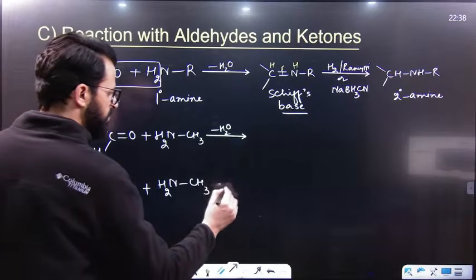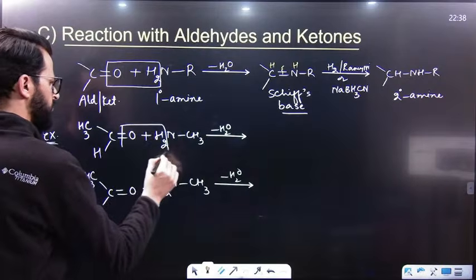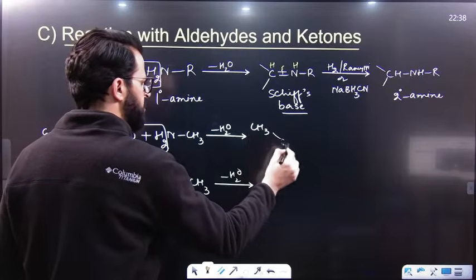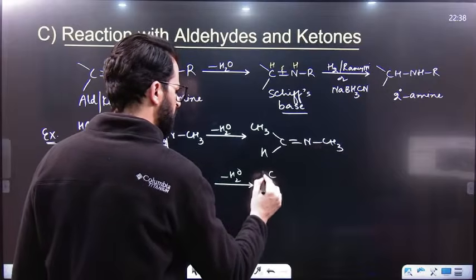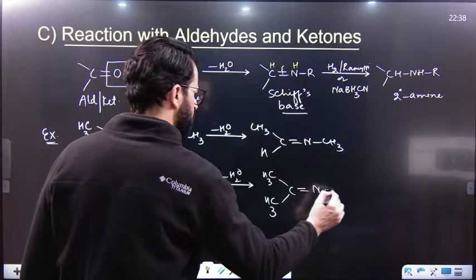What will be the Schiff's base? Very simple. Remove this and form like this: CH3, then CH, then NCH3. So this will be the Schiff's base. Similarly here, the Schiff's base will be like this: double bond N, single bond CH3.